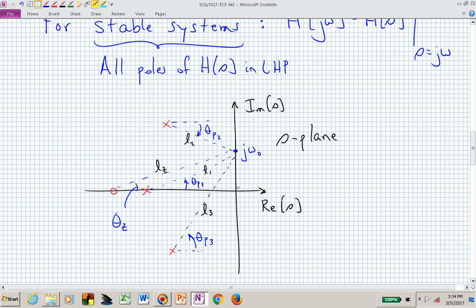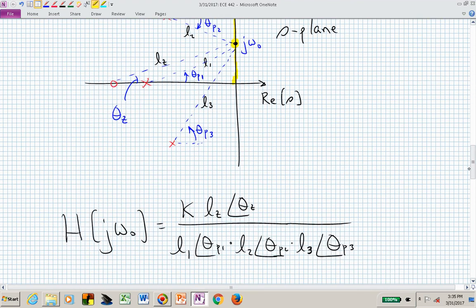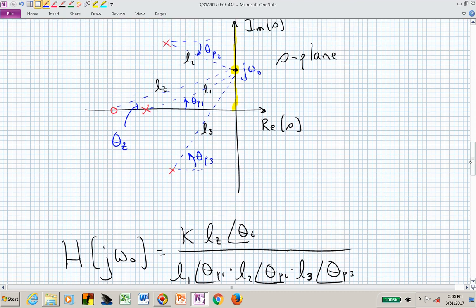We now go up the imaginary axis until we reach the ω₀ value, or the frequency of interest, and we find the contribution of each of those poles and zeros at that frequency and find the frequency response, meaning we could graphically determine what this system's frequency response will be at each frequency on the imaginary axis.